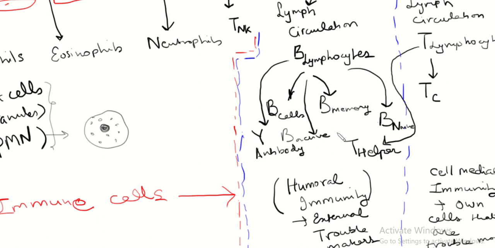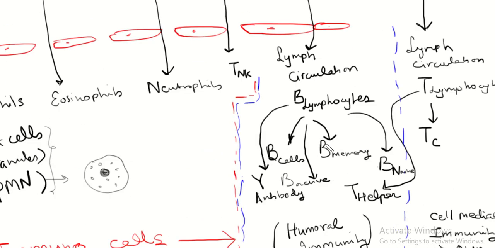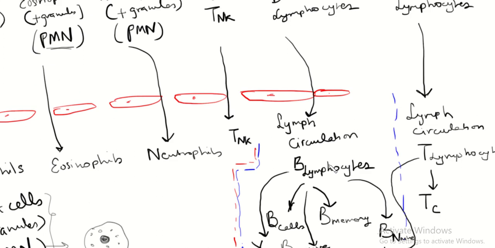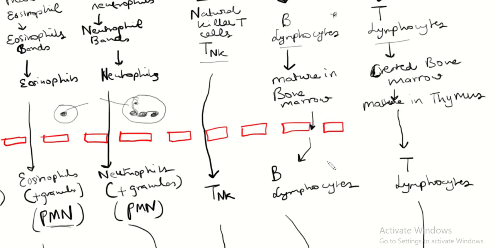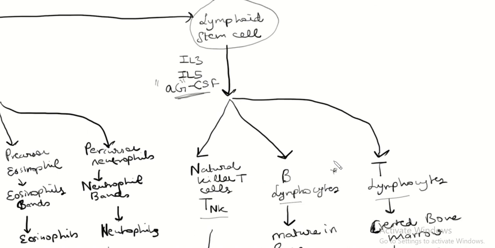Remember we talked about adaptive immunity. When it's an external troublemaker, we use humoral immunity, which is the B lymphocytes, giving us B memory cells, B active cells, B naive cells, and antibody. All of this is humoral immunity for external troublemakers. Remember, this is still the lymphoid line.